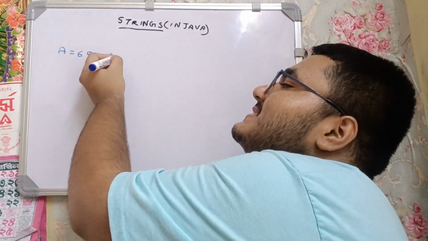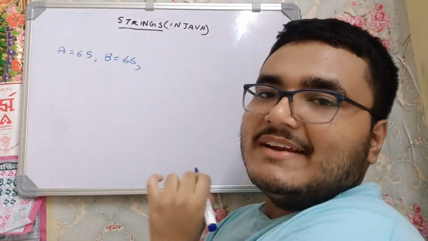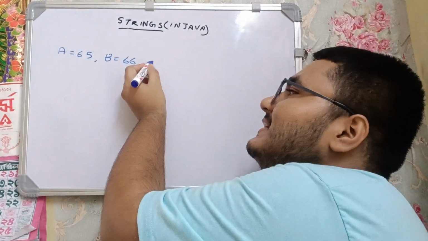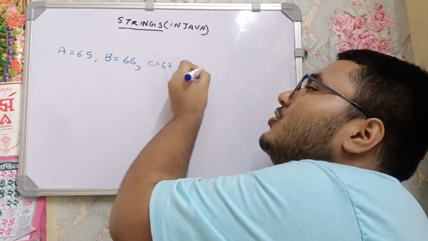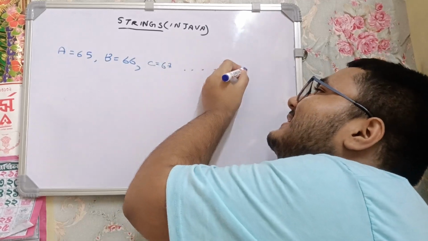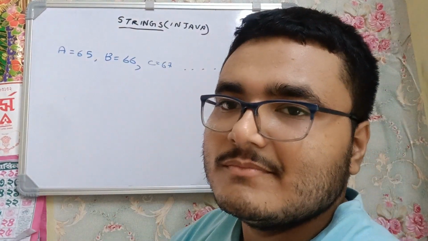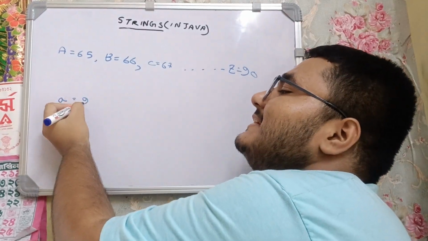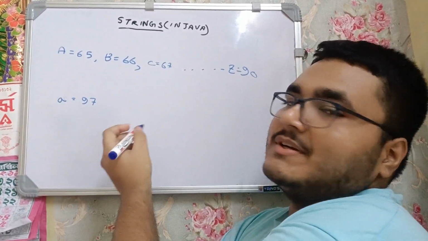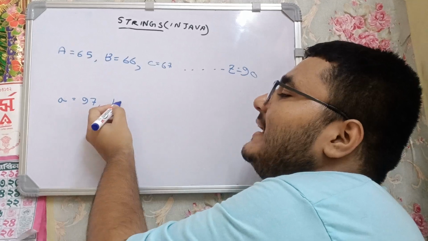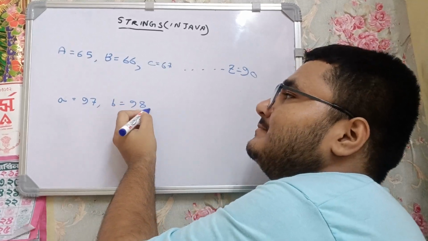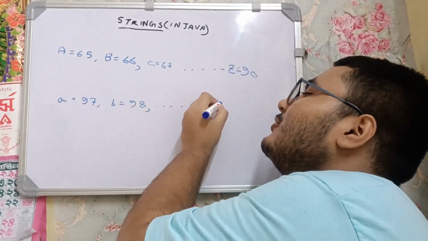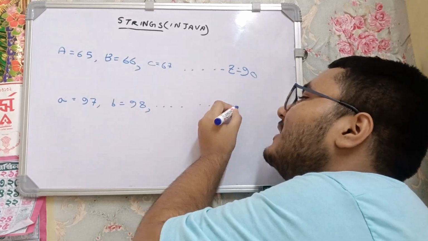Capital B is 66. Similarly, C is 67, and so on up to Z, which is 90. Similarly, small a starts from 97. B is 98, and so on, and small z is 122.